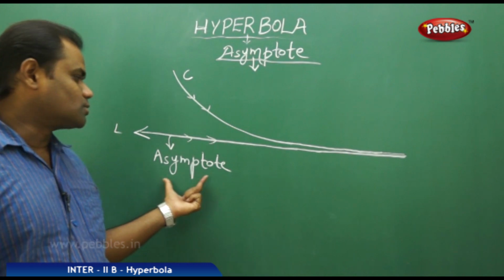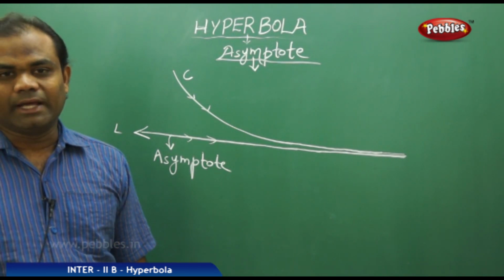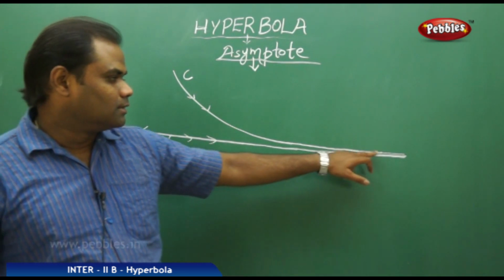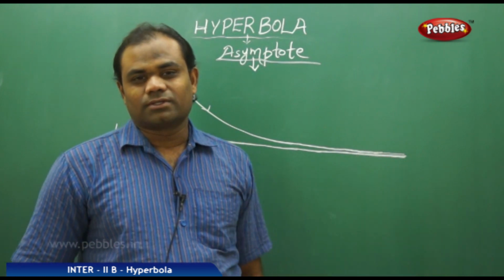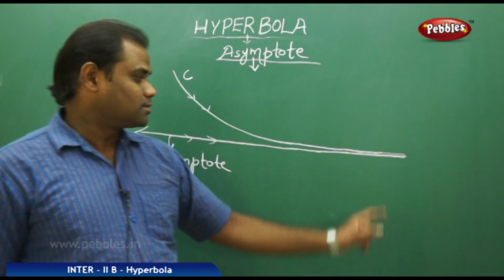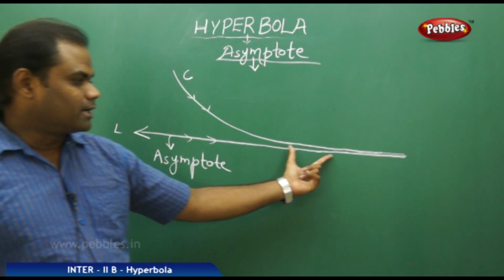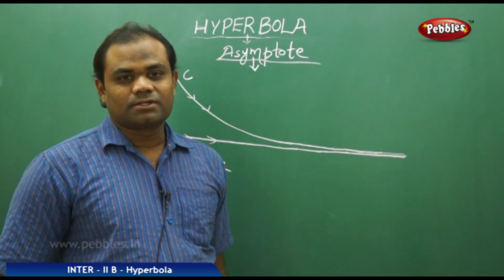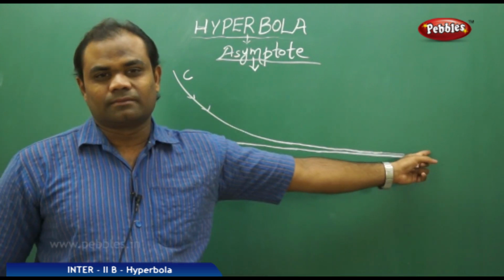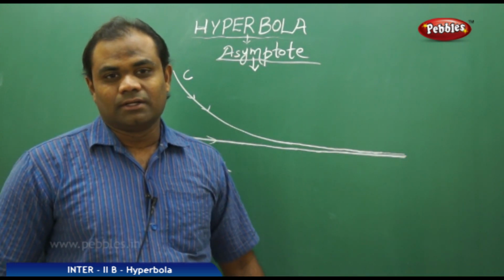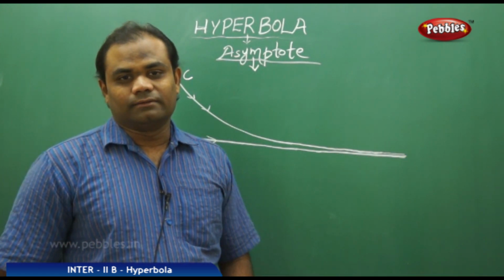A line which tends to touch the curve but never touches is called an asymptote. In this case, this line L is an asymptote because it tends to touch but never touches this curve C.